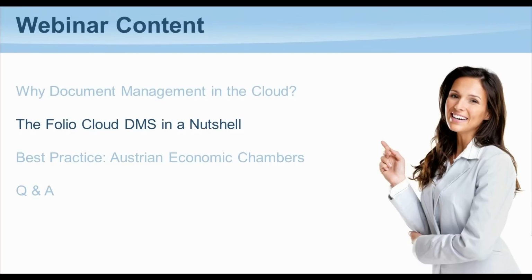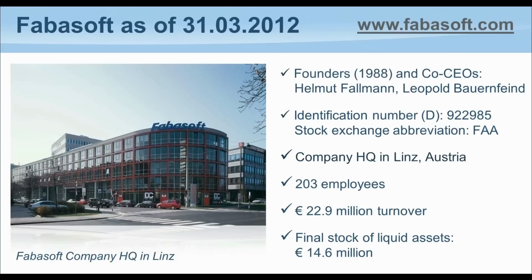So one word about Folio Cloud as a document management system. For those of you who are not familiar with Fabersoft, Fabersoft is a European software company and cloud provider with its headquarters in Linz in Austria. We have about 200 employees, and this is our headquarters here, as you can see.